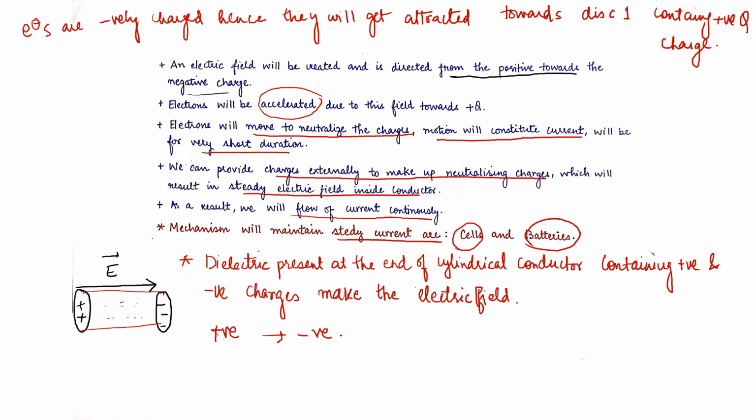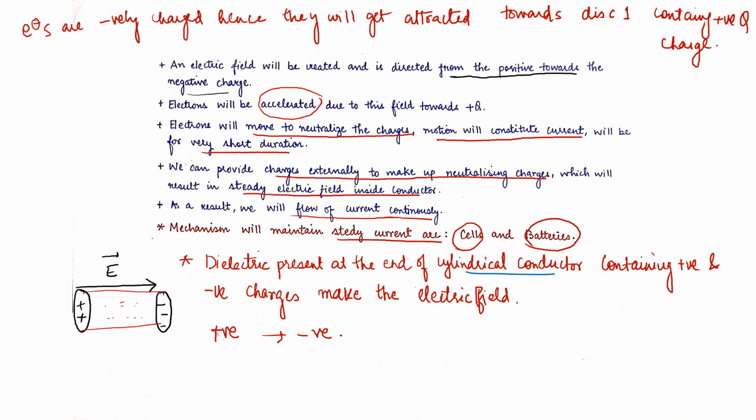Now over here the points need to be understood very clearly. I'll explain the process in a summarized way, so pay attention to it. First of all, we got a conductor which is cylindrical in shape.